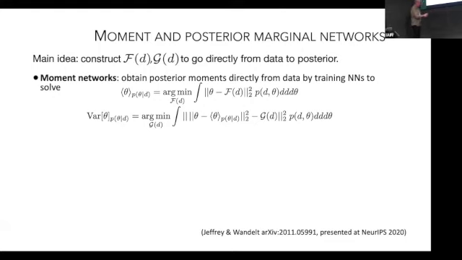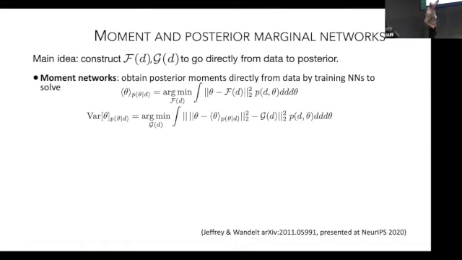Okay, so it turns out that, by the way, a lot of the weird behavior of networks at the edges of your training data set and so forth that people think are mysterious are explained by thinking of the output of the network as the posterior mean rather than some kind of magical estimate. Okay, but then there's no reason to stop there. If you want to also know the uncertainty, typically you would like to compute at the very least the variance of the posterior distribution. So you write down a loss that does that.